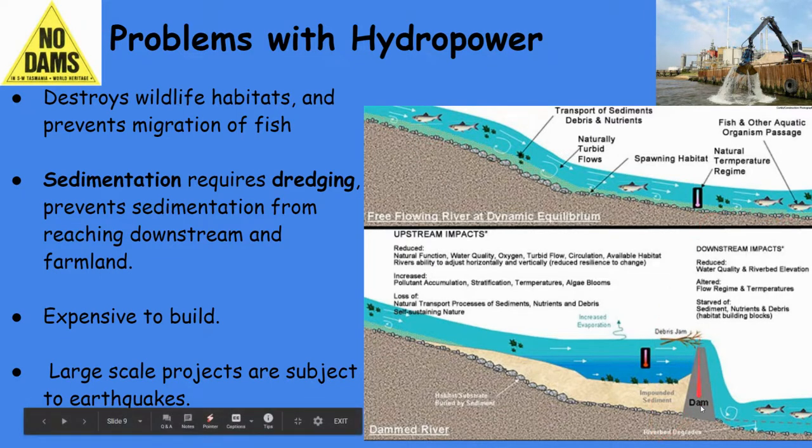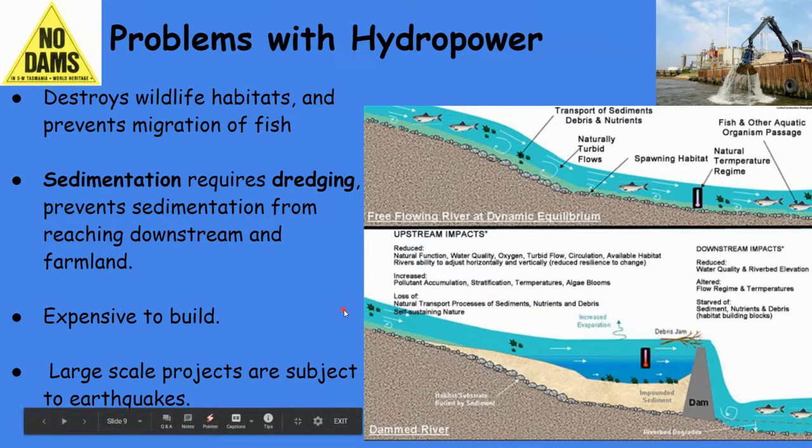But because you have that wall, instead of all of that sand, silt, and clay moving downstream, it gets stuck, because it's not going to go over the dam. And if enough builds up, it gets very heavy and it could start to crack the dam.